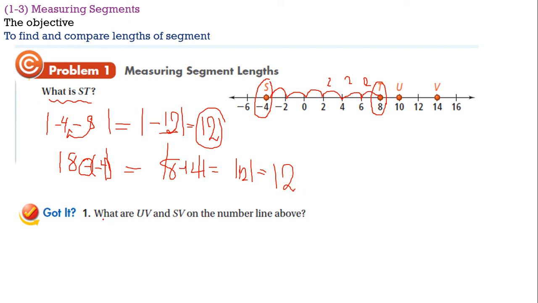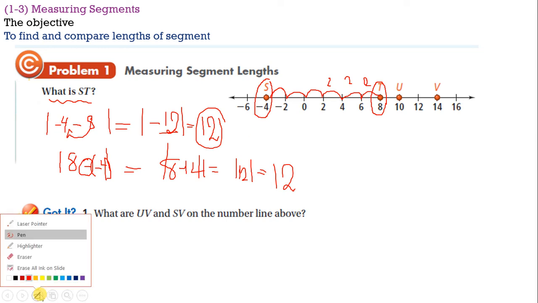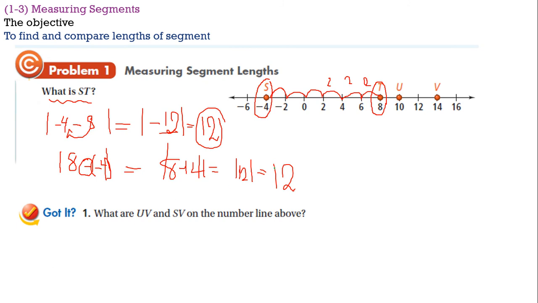Now, let's see what UV is. They mean what is the length of this segment. So let's see and indicate where UV is. The coordinate of U is 10. The coordinate of V is 14.